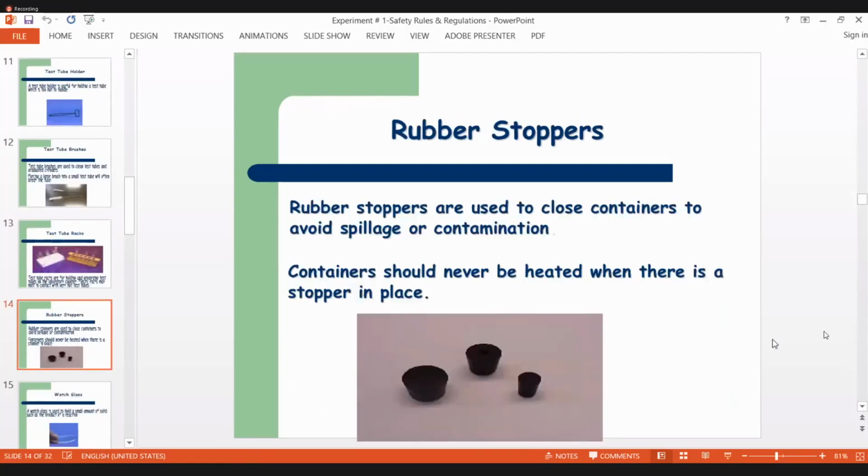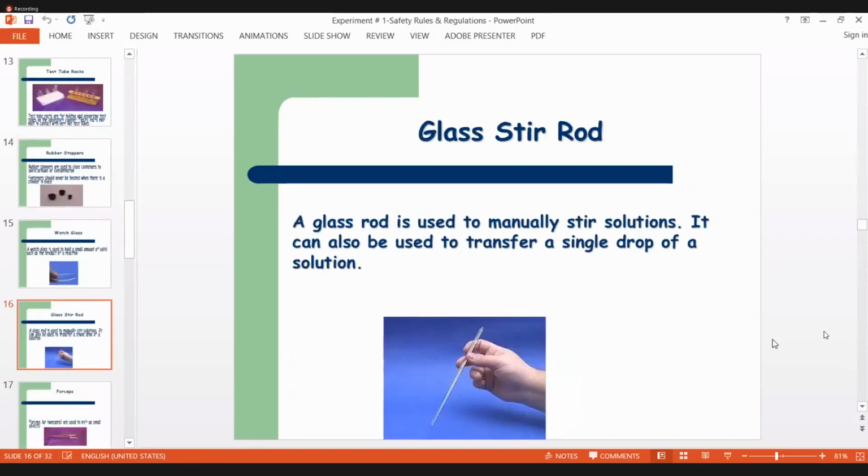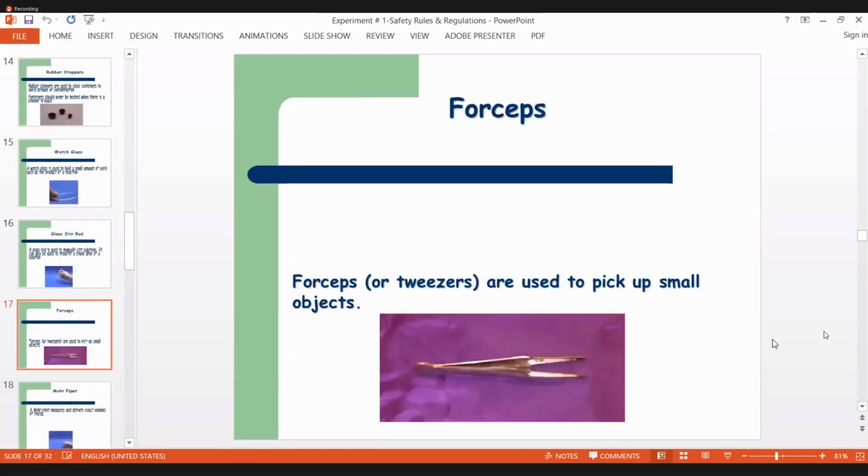Rubber stopper. Watch glass. If you want to put any solid chemical, you can put it on the watch glass, as there is no reaction of the glass with the chemical. Glass stir rod. If you want to stir any chemical or solution, you use the glass rod for stirring. Forceps. If you want to hold anything, just use the forceps to pick up a small object.